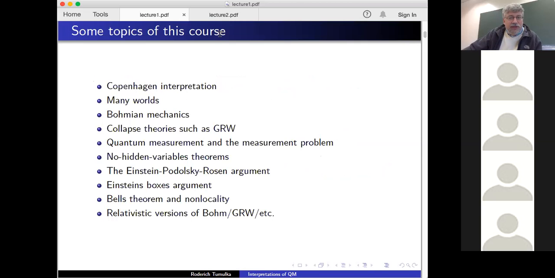Quantum measurement and the measurement problem, no hidden variables theorems, the Einstein-Podolsky-Rosen argument, Einstein's boxes argument, Bell's theorem and non-locality, and relativistic versions of several of these theories, such as Bohm's theory or GRW, etc.